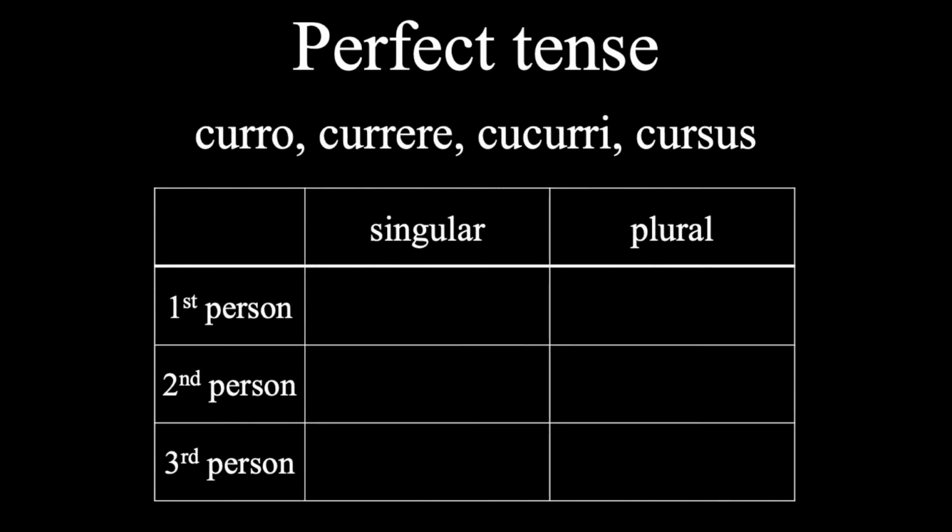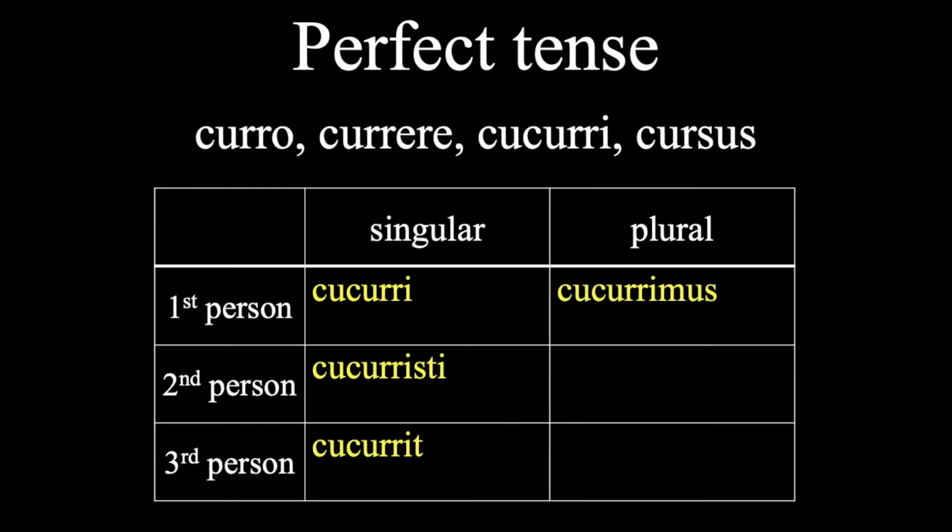Okay, let's see another example. Currere is a third conjugation verb that means to run. The third principal part is cucurri, so again, we'll drop the ending, add the new endings, and we get cucurri, cucurristi, cucurrit, cucurrimus, cucurristis, and cucurrerunt.